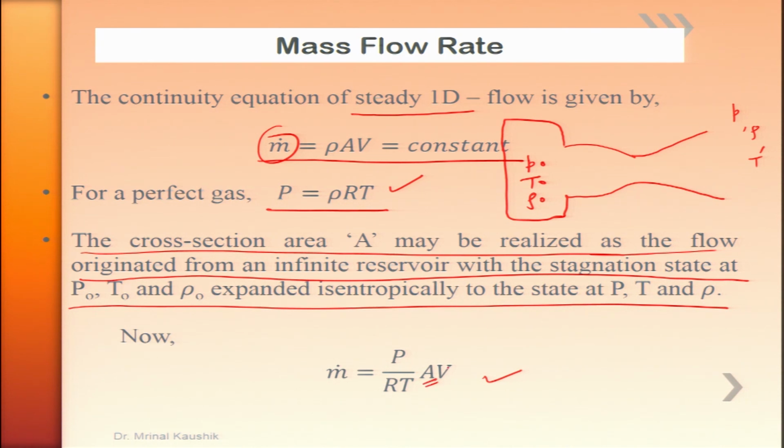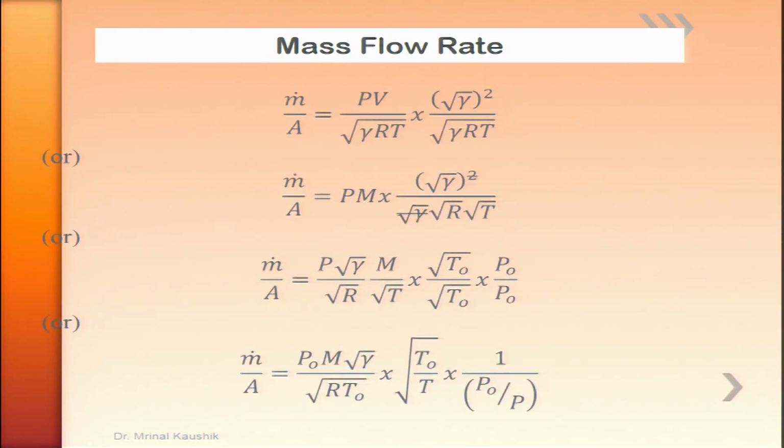Now, we have to bring down that if I multiply gamma in the numerator and the denominator, then I am trying to replace V with the Mach number. That means some algebraic juggling is required.